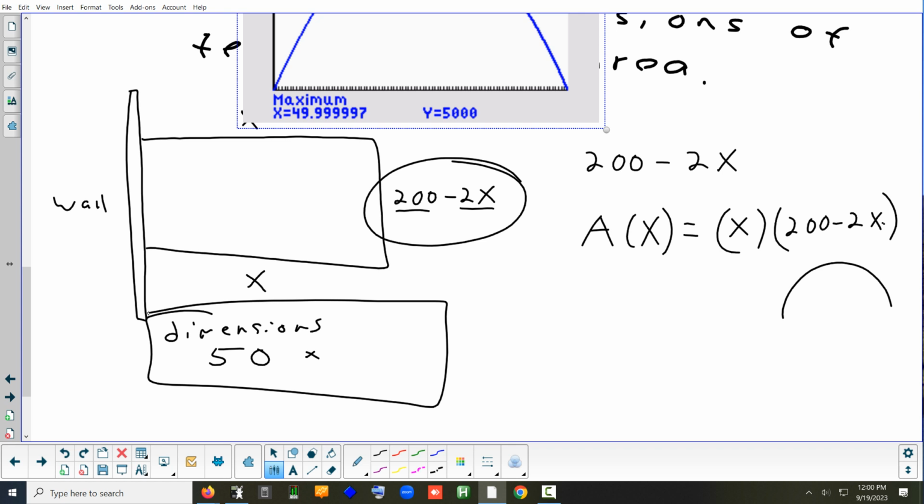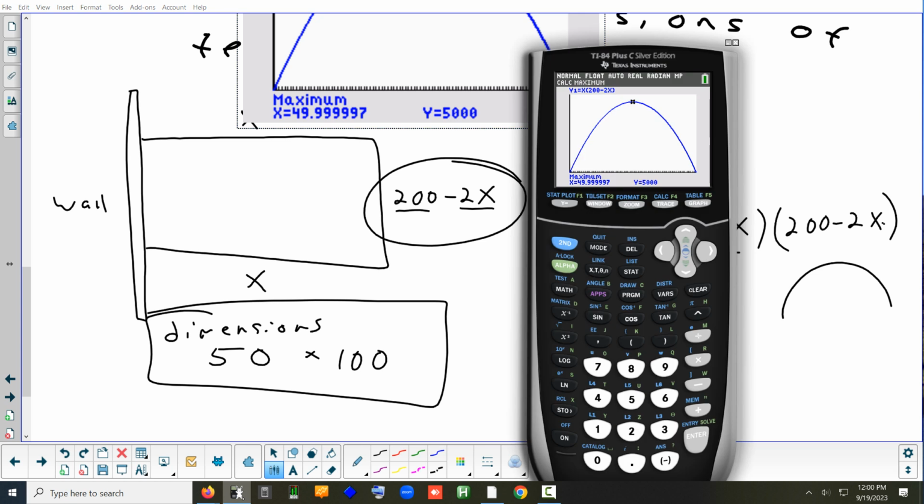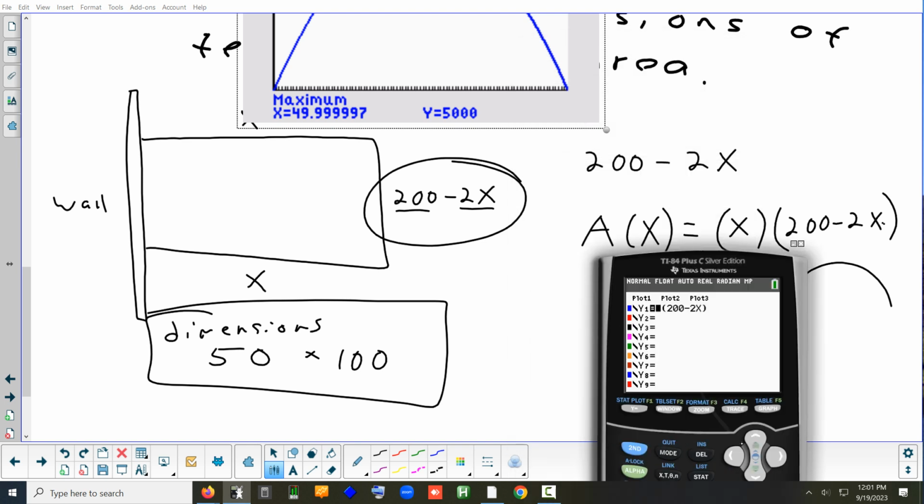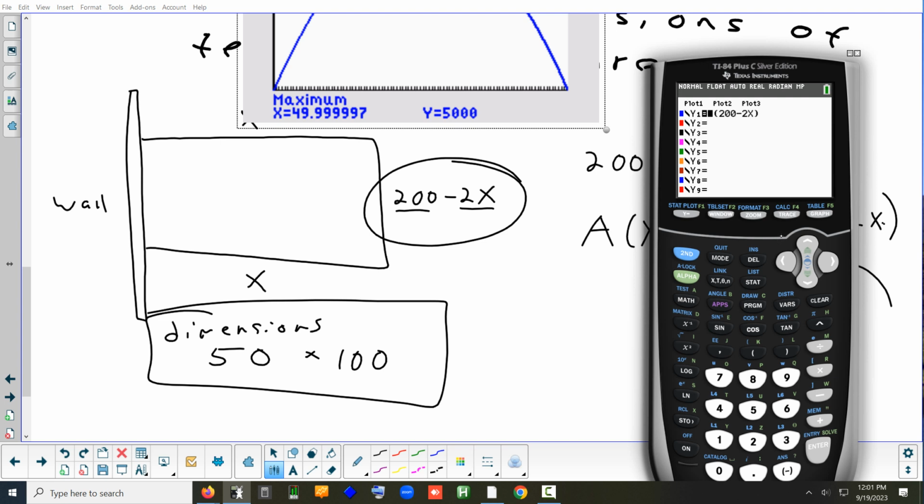What's left for the third side? 100. So it looks like the dimensions here, where you have a wall on the third side, would be 50 by 100. And that would be the maximum area. And that's how you do it.